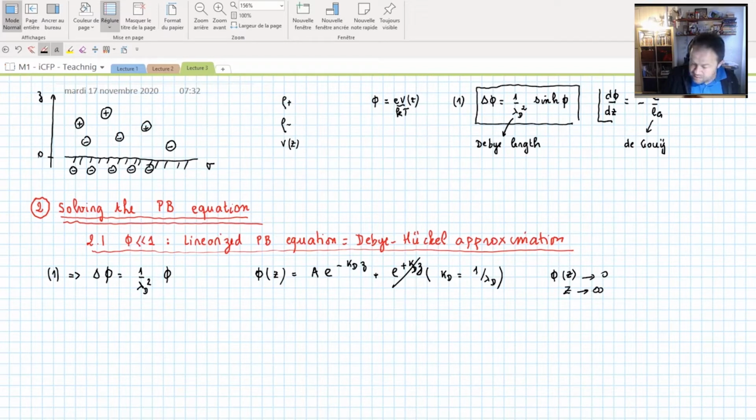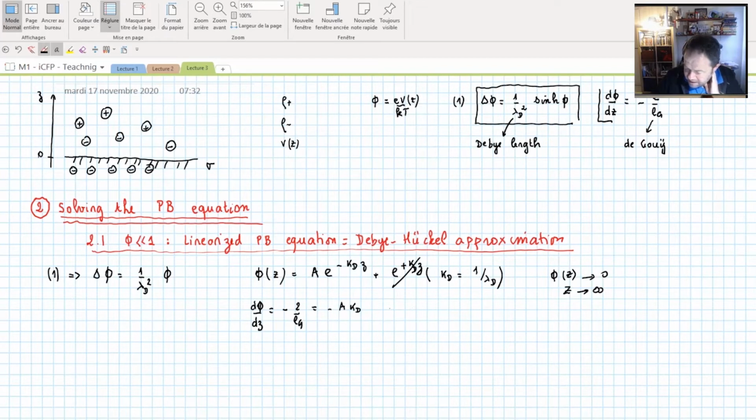Based on that, we can also use the boundary condition that we have written before, d phi divided by dz is equal to minus 2 divided by l_G.